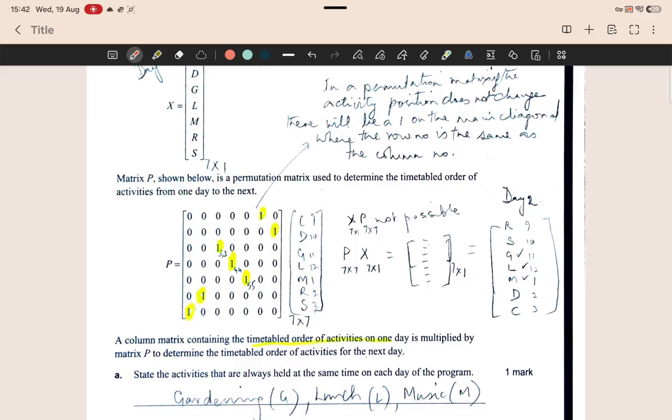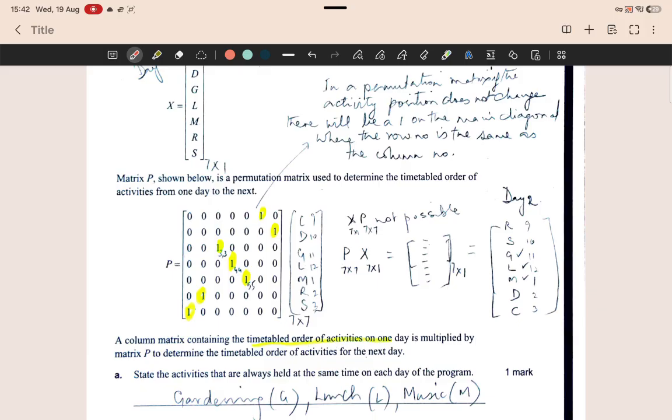A column matrix containing the timetable order on one day is multiplied by P to determine the timetable for the next day. State the activities that will now always be held at the same time on each day of the program.